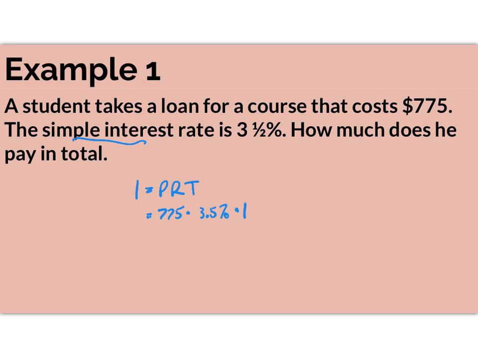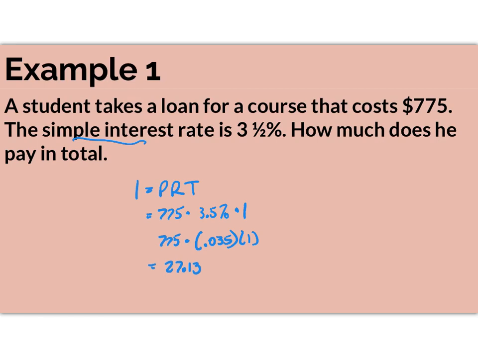And if you forget that 1/2 is 0.5, please go back and watch some of my fraction videos. All right, so 775 times 0.035. I do not want you to get confused with all of the decimal points and multiplications. That would give us $27.13, and we're rounding these numbers to the nearest hundredth.